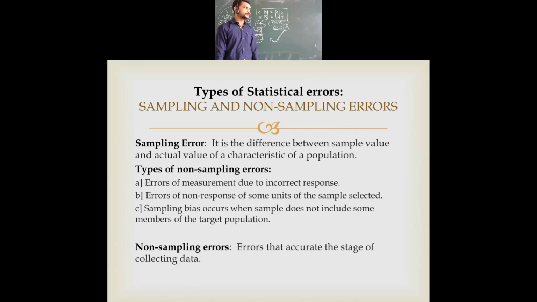Then next, sampling bias occurs when the sample does not include some members of the targeted population. Some of the time you will be selecting the samples and it does not include the members. Just like you have selected a few of the people and their responses are not there, that time you will add your own information, as per their point of view, you are going to record the information there.